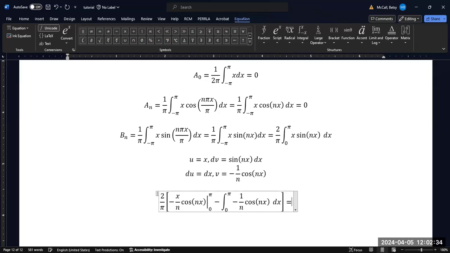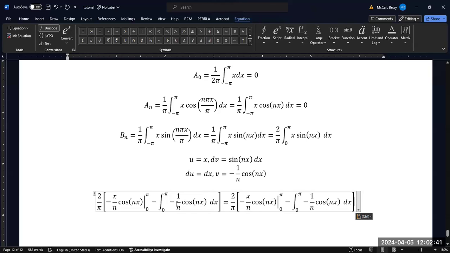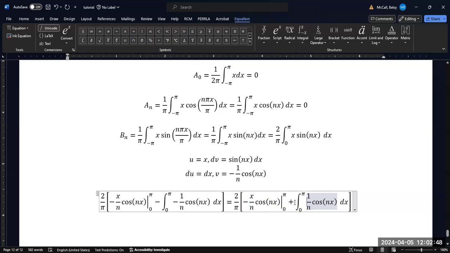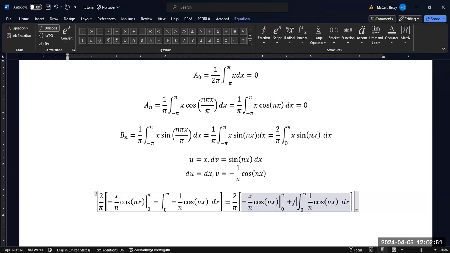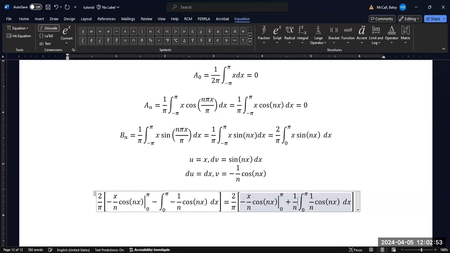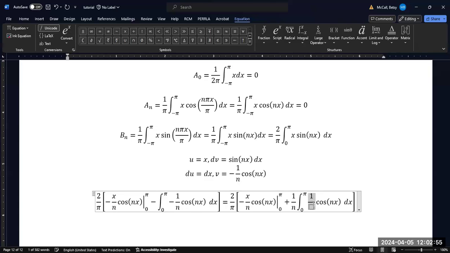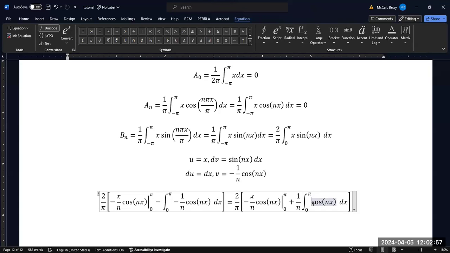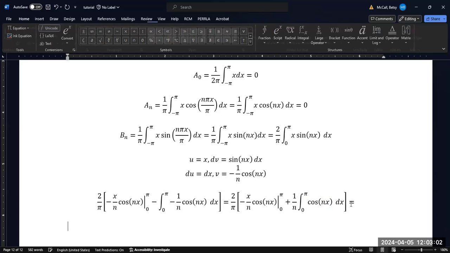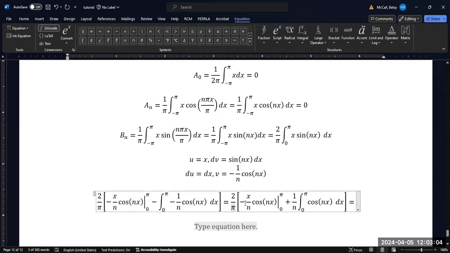And so if we integrate that one more time, the negatives will cancel, and I'll get a plus. And I can pull the 1 over n out front. And if I integrate cosine, then the antiderivative of cosine is sine.